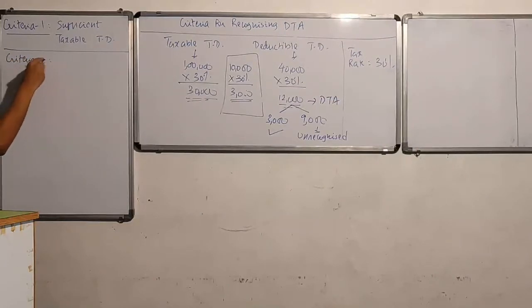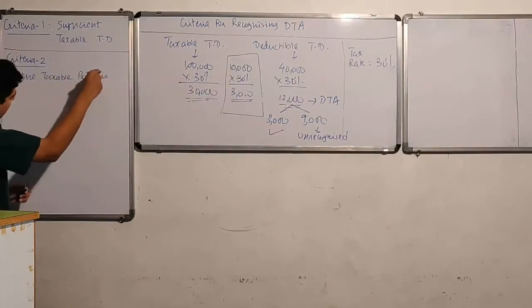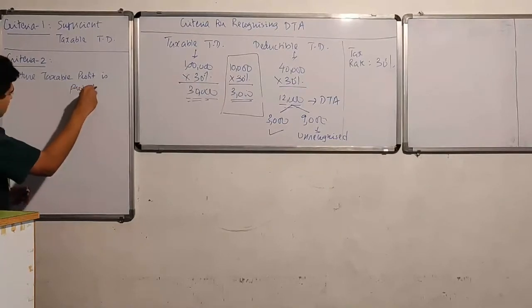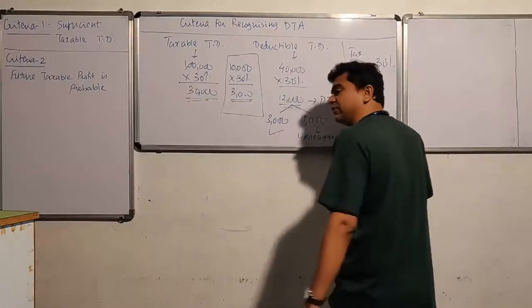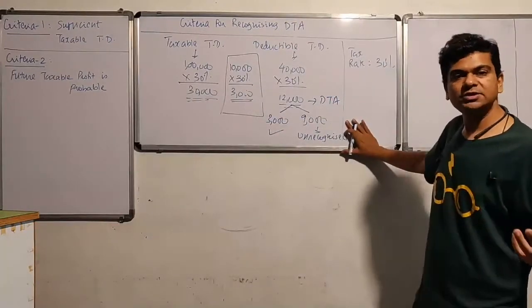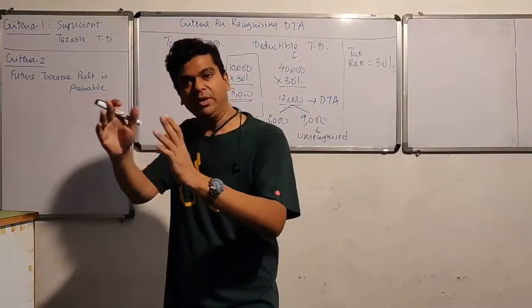Criteria 2. We say future taxable profit is probable. Let's understand this again with the help of an illustration. See, you will save tax in future not only if there is taxable temporary difference.